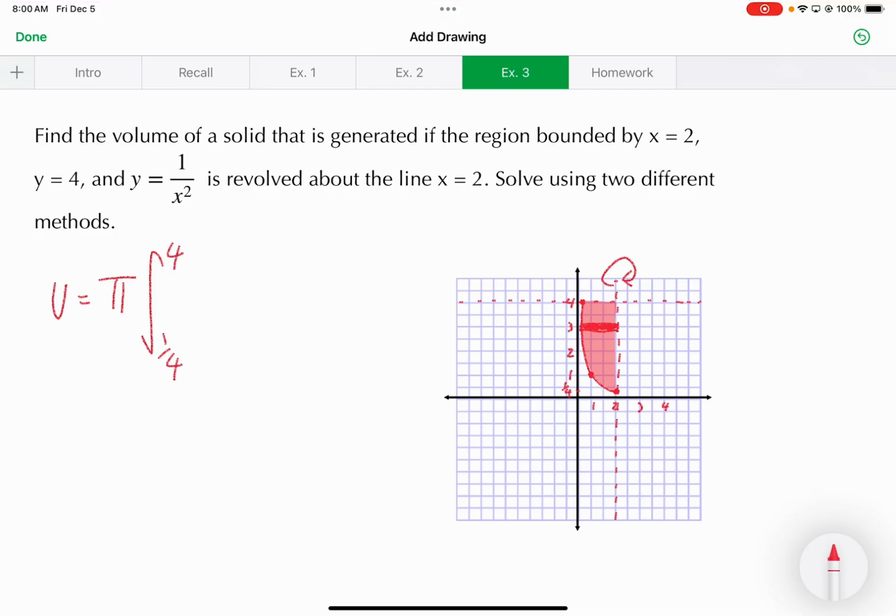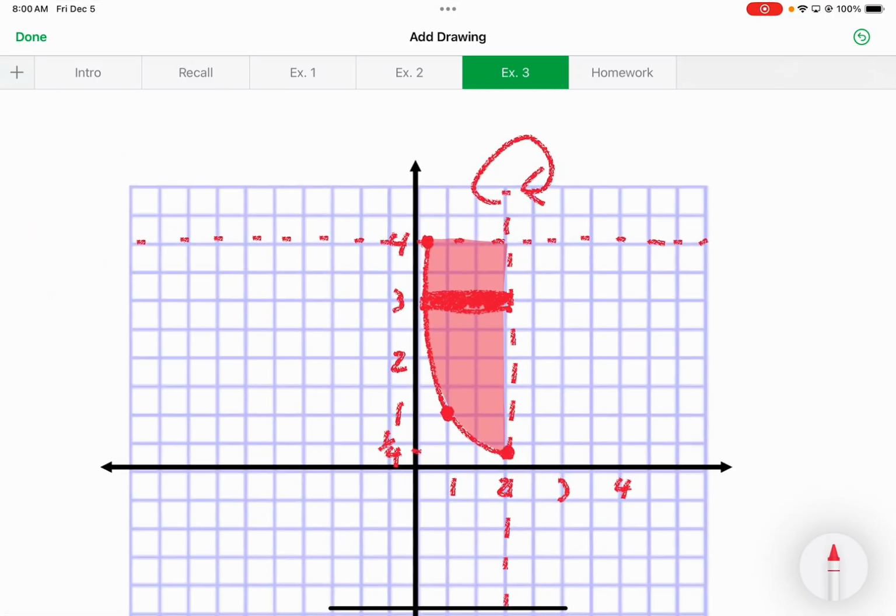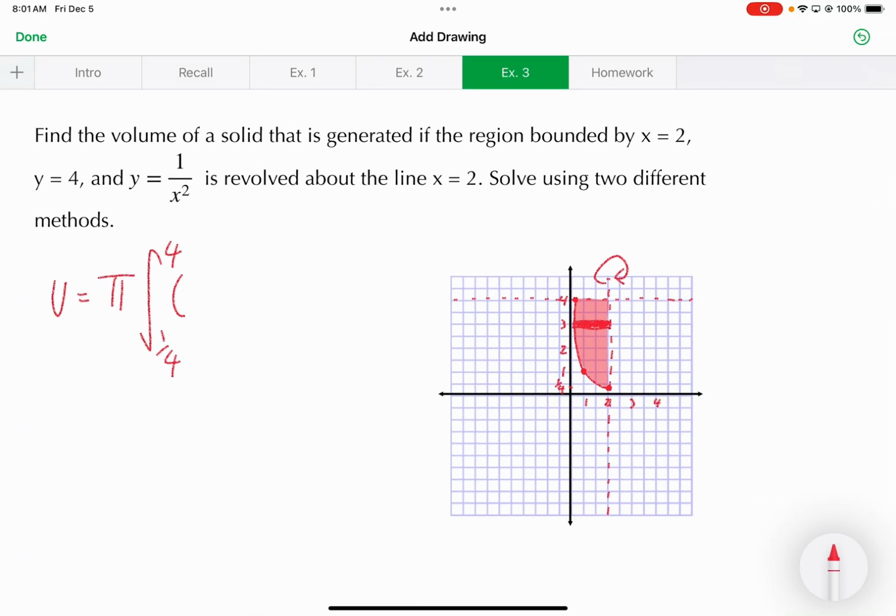Are we cool with that? Okay. All right. And then I have to do my radii. Remember, I just have to say radius. So again, I use my rectangle to help me figure that out. Right minus left. What's my right piece? 2. What's my left piece? I got to figure that out, right? What's that look like?